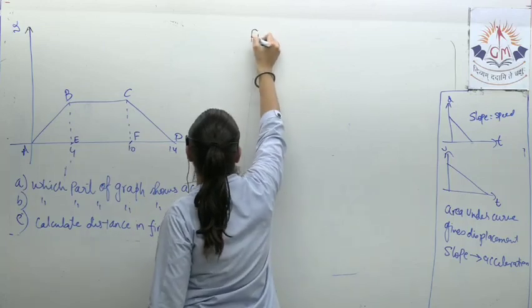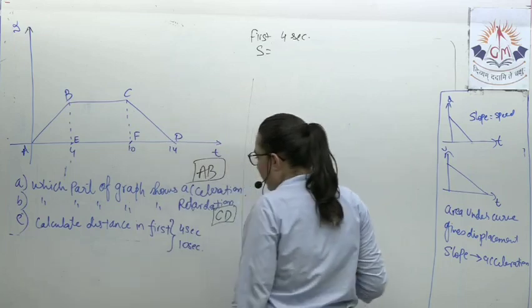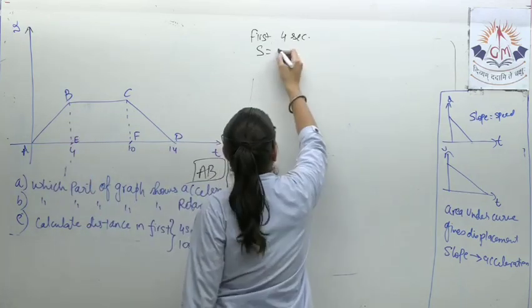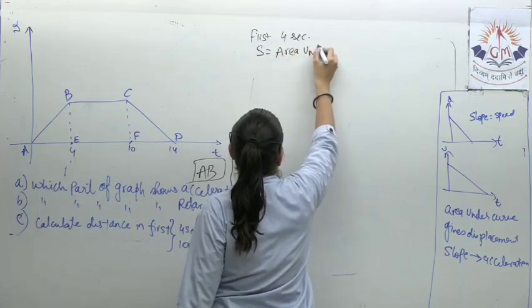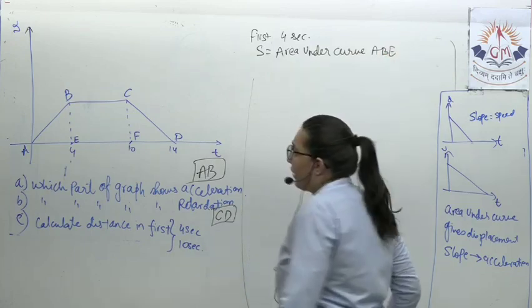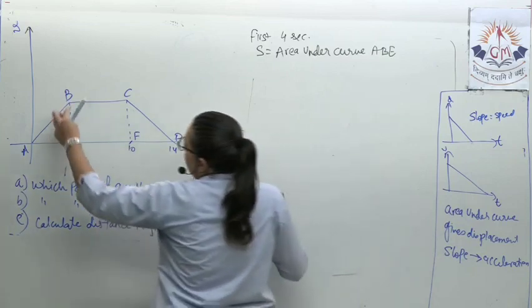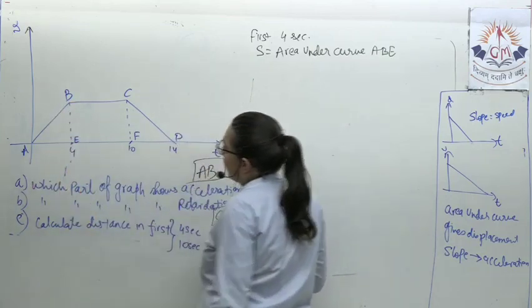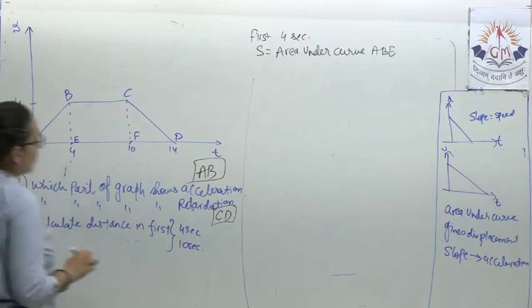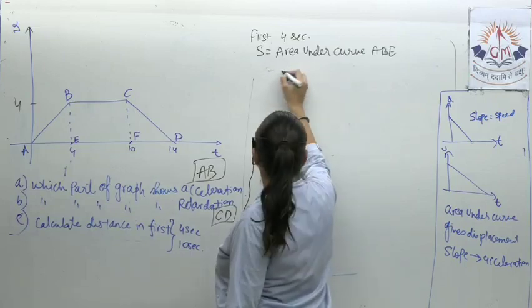That is the area of triangle ABE. Now you have to be quick.